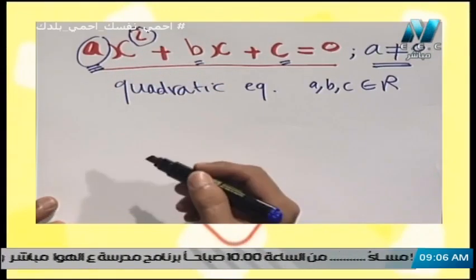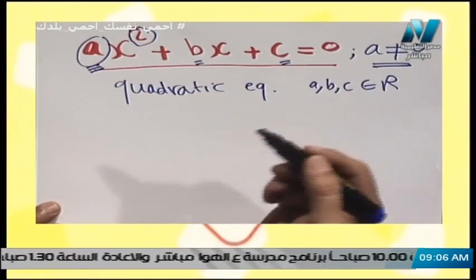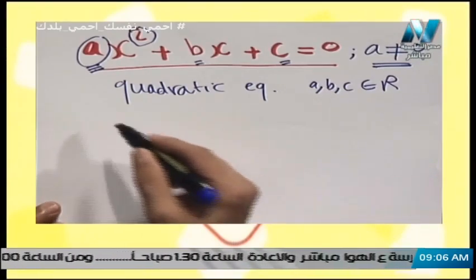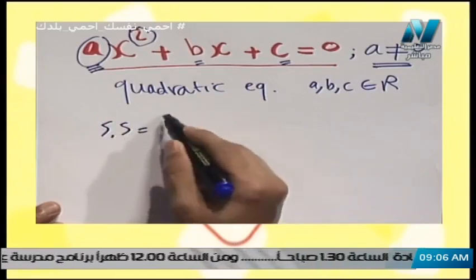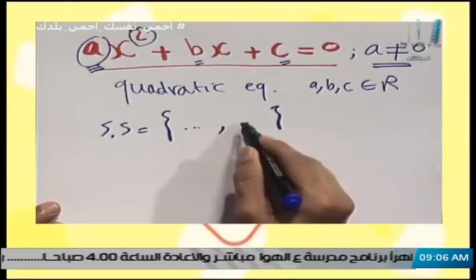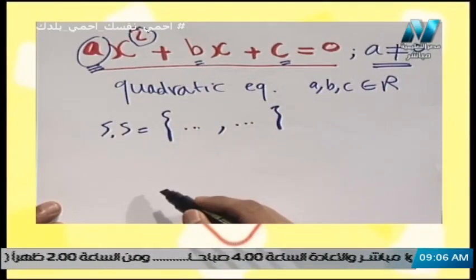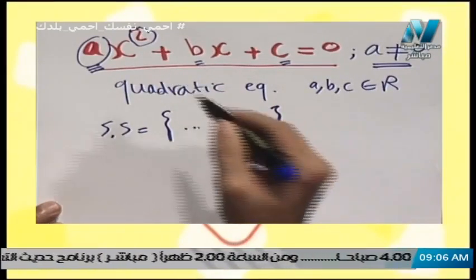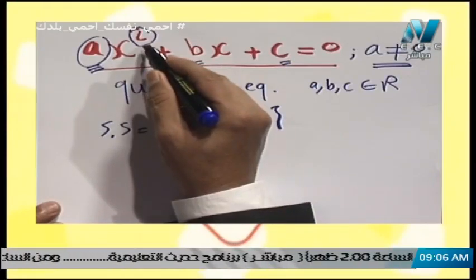Okay, what is the solution of this equation? The solution set of the equation has two solutions, first solution and second solution. Why two solutions only? Because it's of second degree.